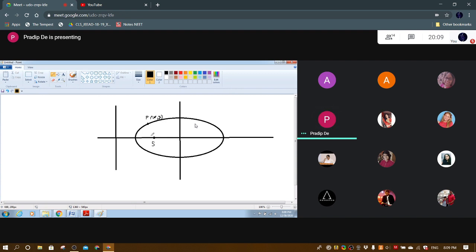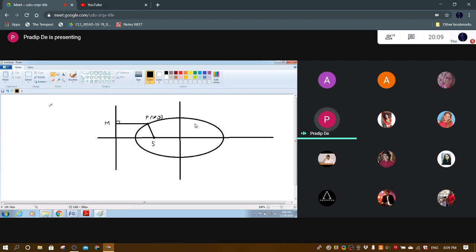Pxy. Then I join this point P to the focus and also drop a perpendicular to the corresponding directrix. The foot of the perpendicular is M. Remember, this is always perpendicular.